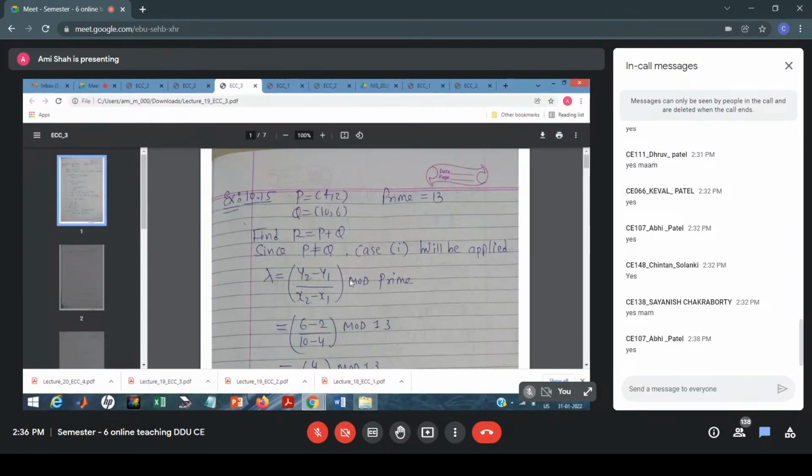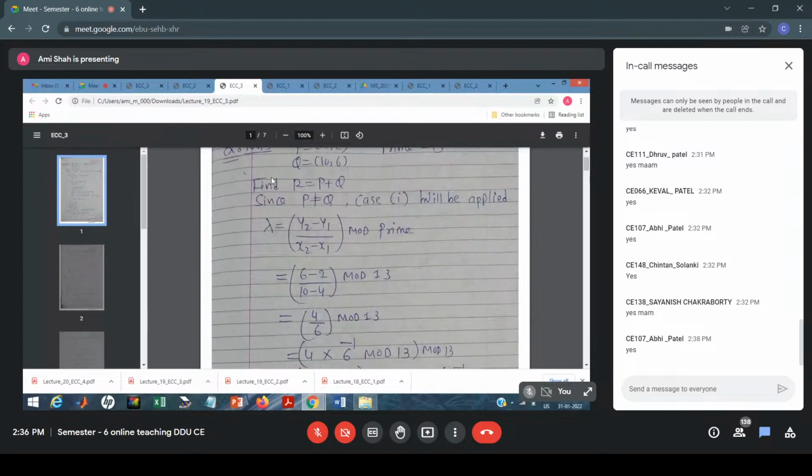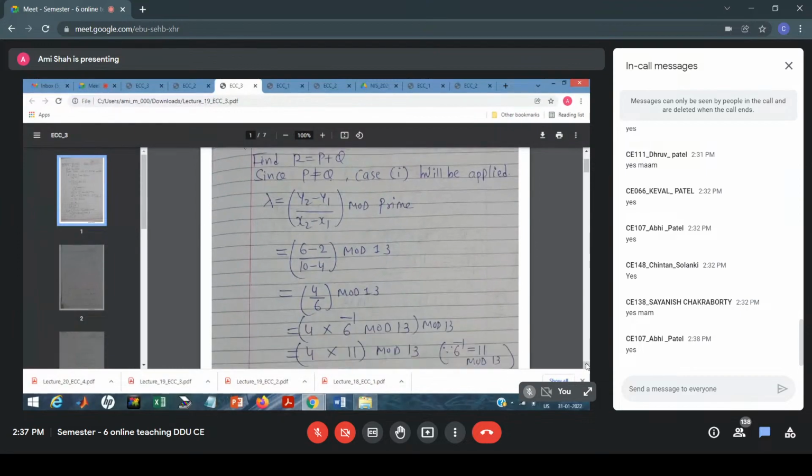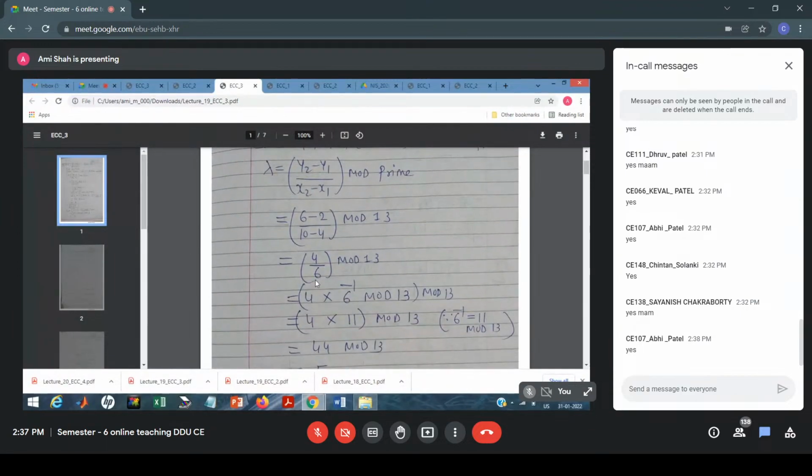Okay, so now see here in this case P is not equal to Q. So first lambda is calculated. Lambda equals y2 minus y1 divided by x2 minus x1. So y2 is 6, so 6 minus 2 divided by 10 minus 4 mod 13. What do you get here? You get 4 by 6 mod 13. Can you write it this way? 4 multiplied with 6 inverse mod 13, mod 13, right?